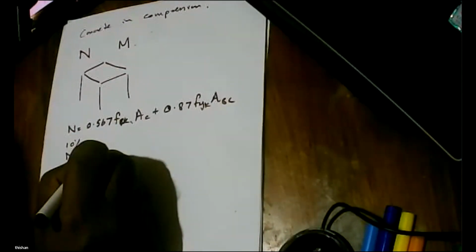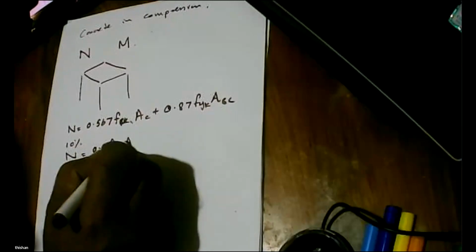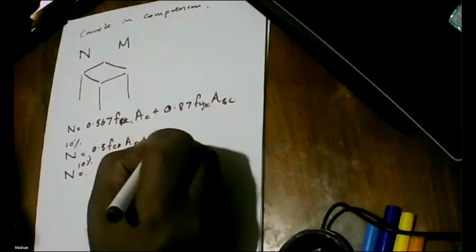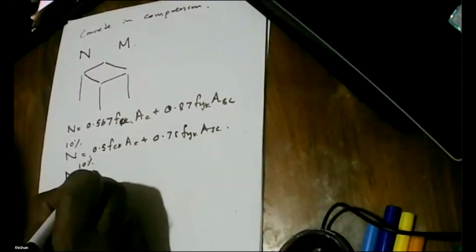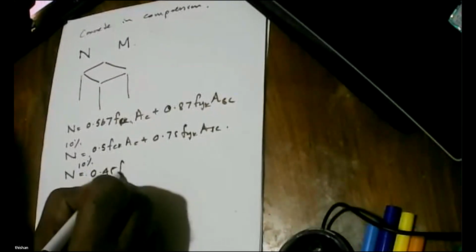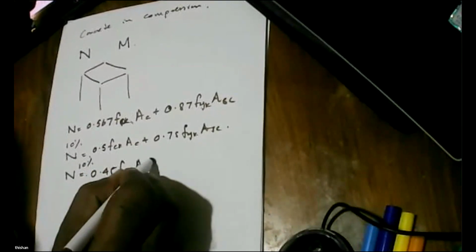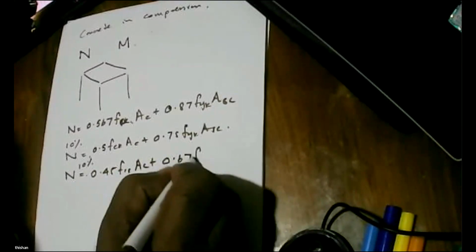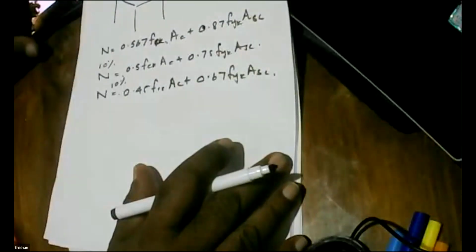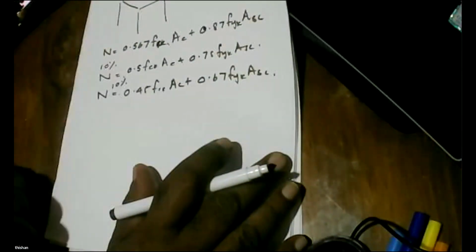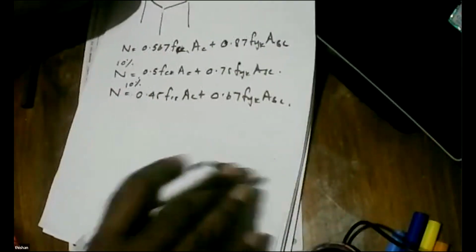So here you get about 0.5 FCK AC plus 0.75 FYK ASC, or you can get 0.45 FCK AC plus 0.67 FYK ASC. These equations can be derived by you: deduct the capacity by 10%. I wrote the equations from memory, but the basic equation does not change, and you can always derive your own.